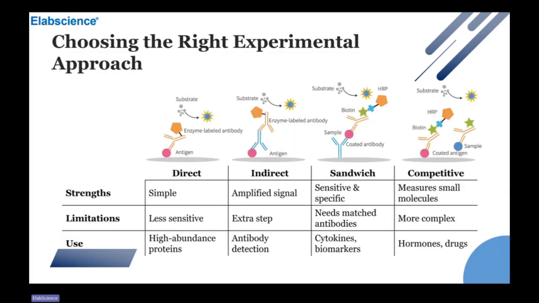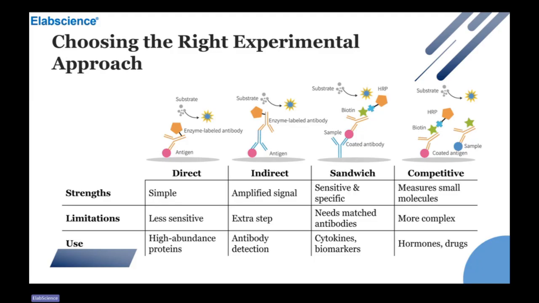Not all ELISA formats are the same. There are several different types, like direct ELISA, which is simple and quick, making it suitable for high abundance proteins, but it has a lower sensitivity and it's rarely used due to its limited flexibility. Indirect ELISA boosts the signal and uses a secondary antibody, which improves the detection and allows more versatility, though it requires an extra step.